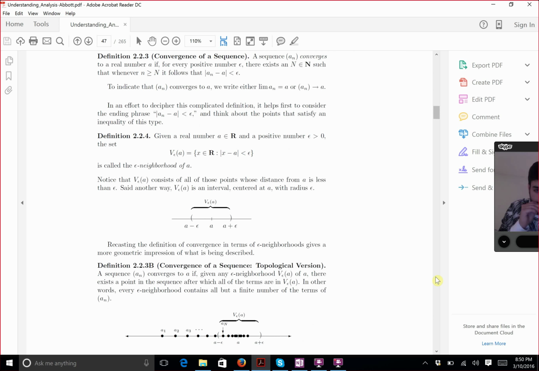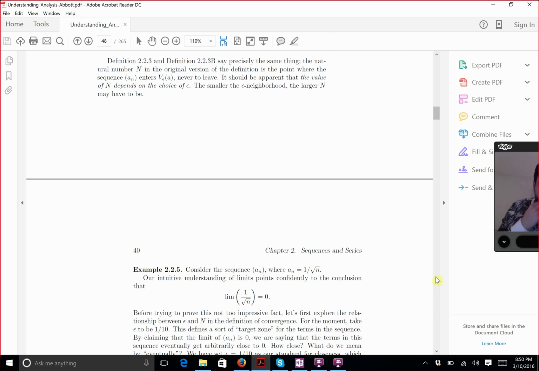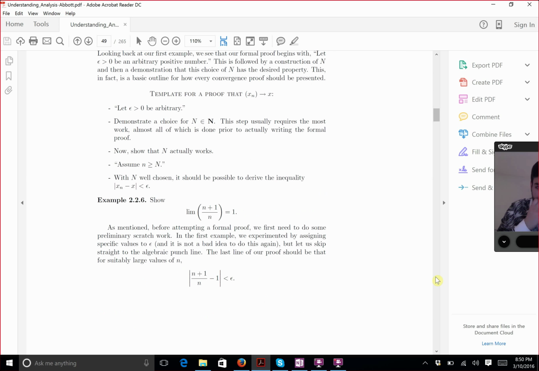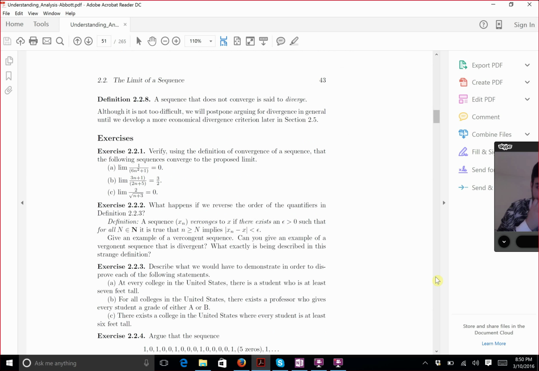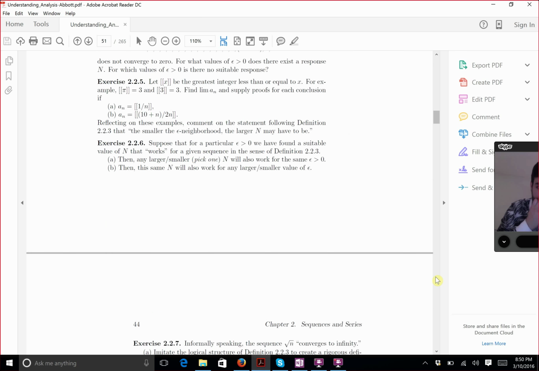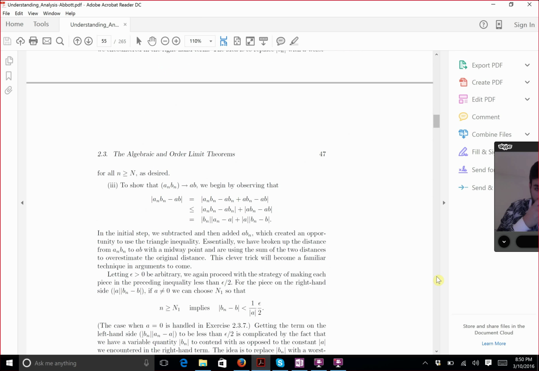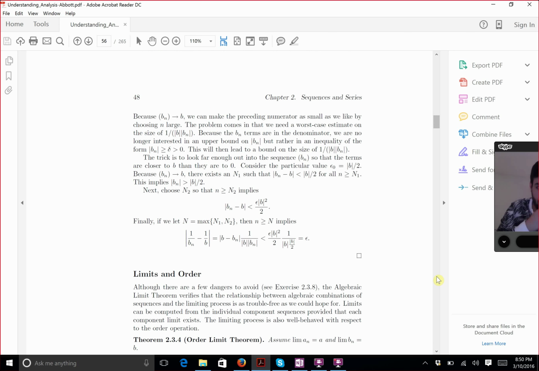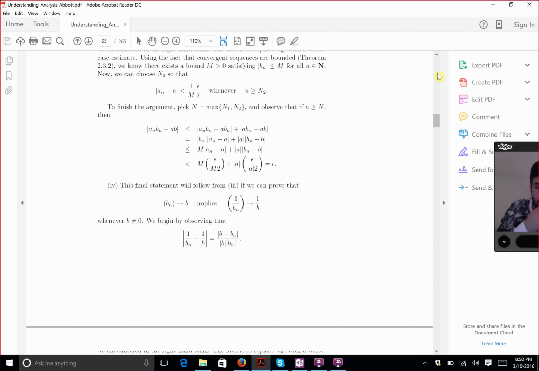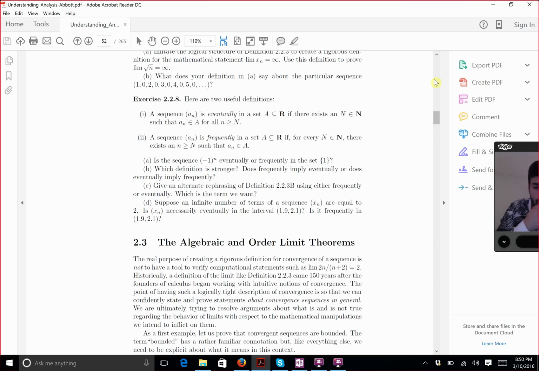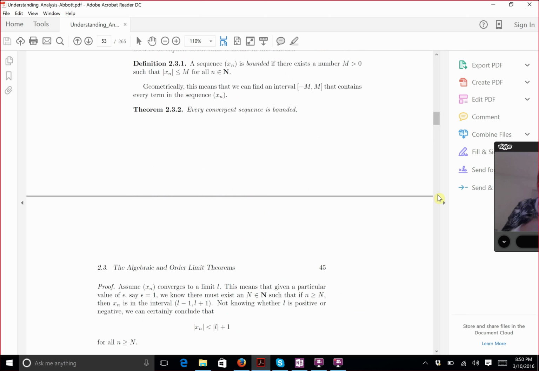So we know what a limit is. We know what it means to converge. This section is pretty straightforward. I'll go through it quickly, but we won't spend a lot of time on it.